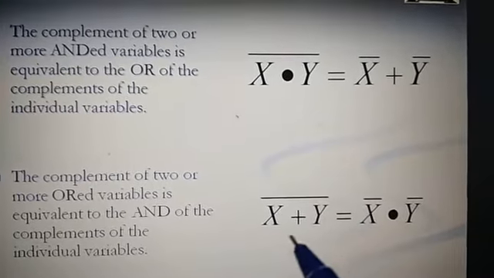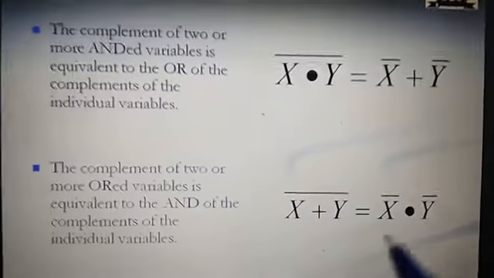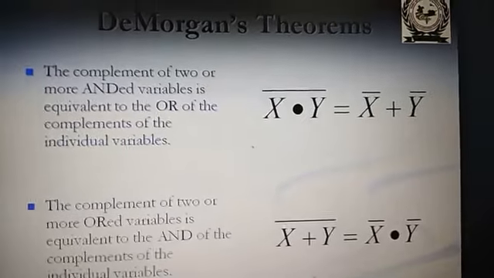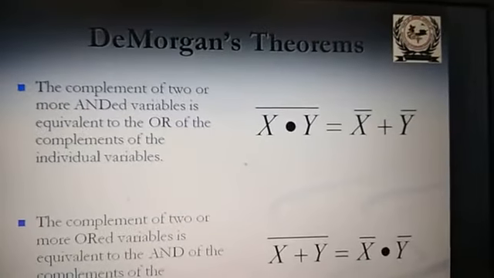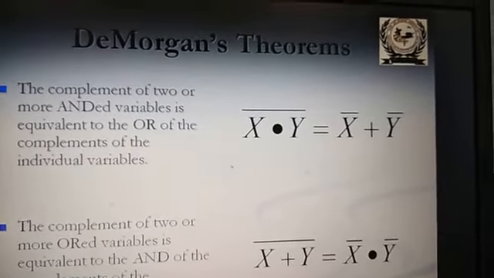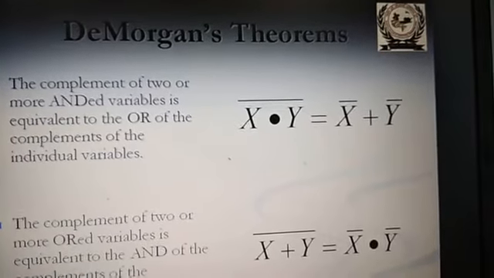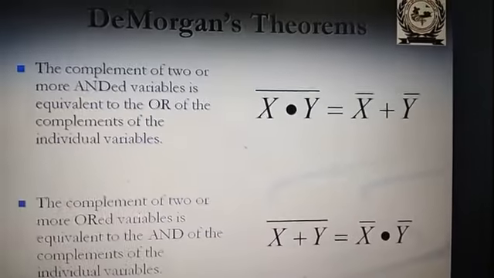Here ANDing and this is OR. So this is another law of De Morgan's theorem. So first De Morgan's theorem states that x dot y whole bar is equal to x bar plus y bar. And x plus y whole bar is equal to x bar dot y bar.